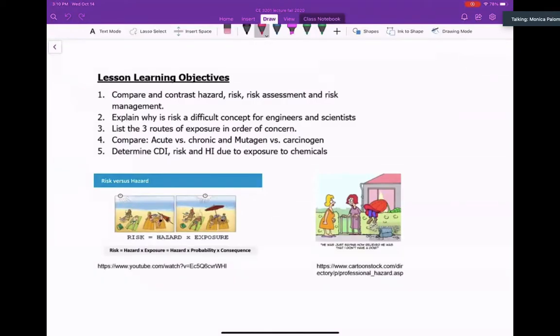We are going to introduce a new topic. It's very interesting. The last time that I talked about this topic was when the pandemic was about to start. I think that was 2 weeks before we were sent into lockdown or stay home order. Now we are in the middle of the pandemic, and we're going to be talking about hazards, risk assessment and risk management.